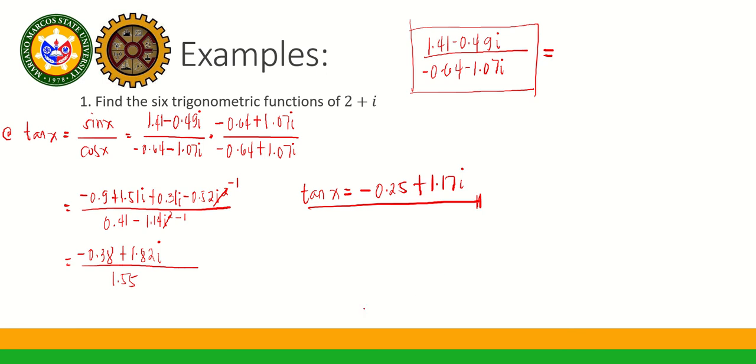So, makukuha niya yung sagot na negative 0.24 plus 1.17i. So, parehas lang sila. Meron lang silang minimal na discrepancy kasi nga we are rounding off na agad-agad dito. Dito hindi siya nagre-round off agad.